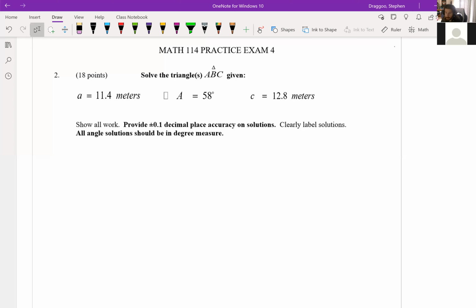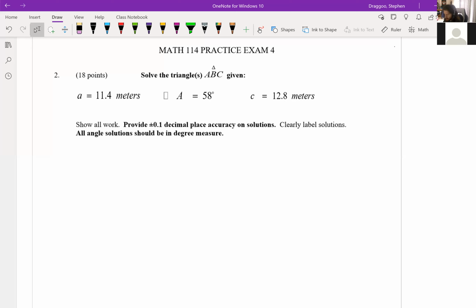The other version is where we're given 2 sides and the angle in between them, meaning we know one thing about each letter A, B, and C. That only has one triangle associated with it, and we start with the law of cosines. Anytime we work with the law of cosines, there's only ever going to be the one triangle. But if we work with the law of sines, there is a possibility for 2.